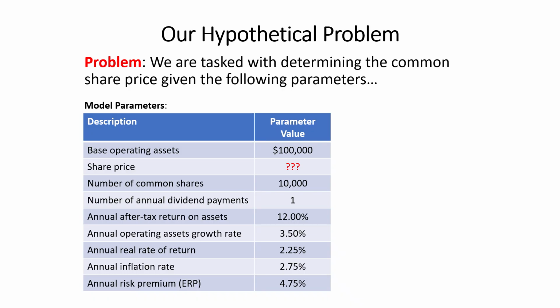But if I want to invest in a common stock, which has average risk, the risk premium that the market demands versus the 10-year Treasury is around 4.75%. So we're going to use 4.75% as our risk premium.